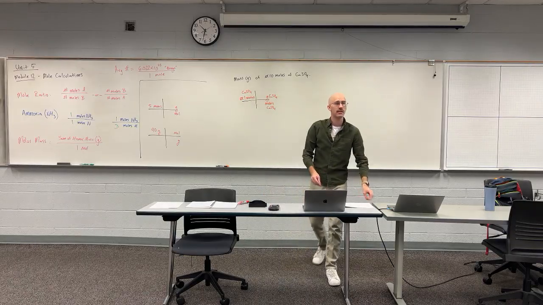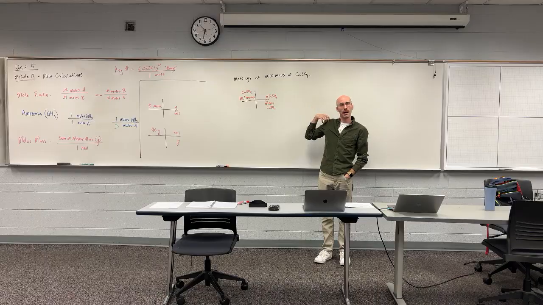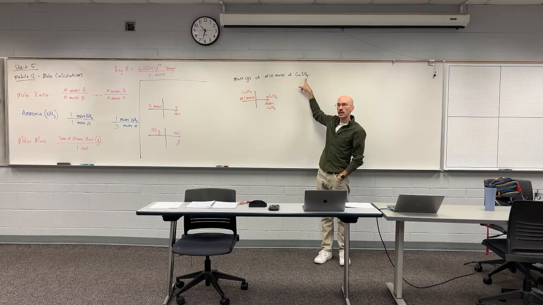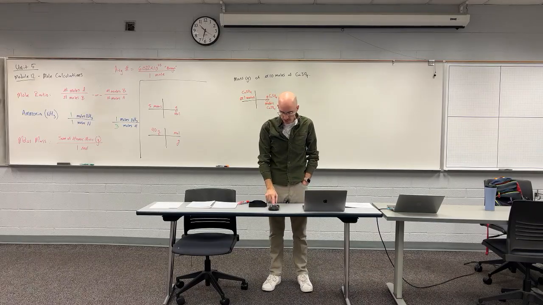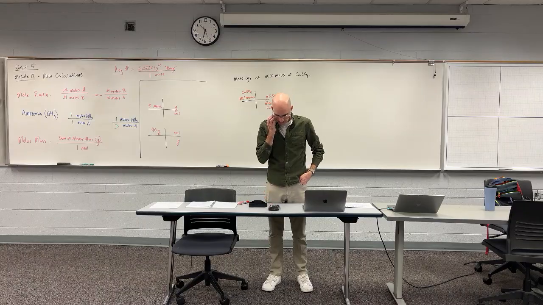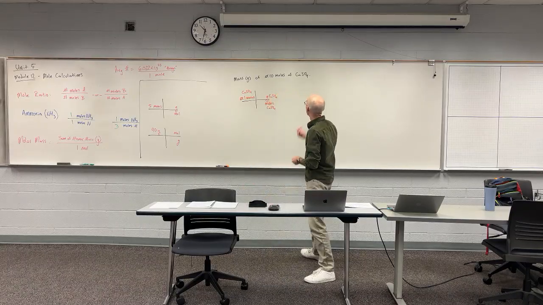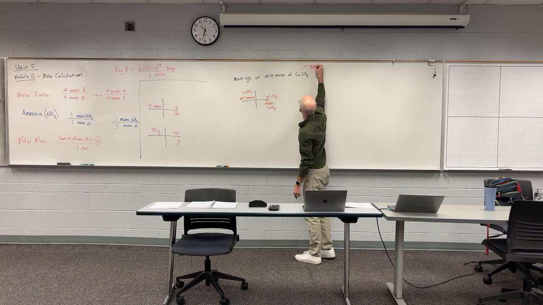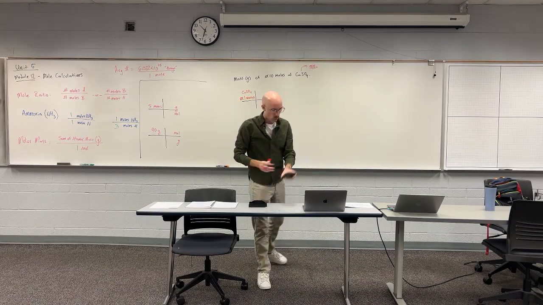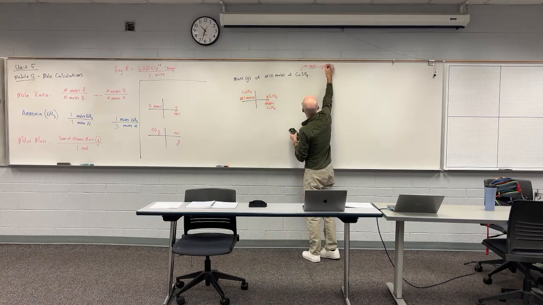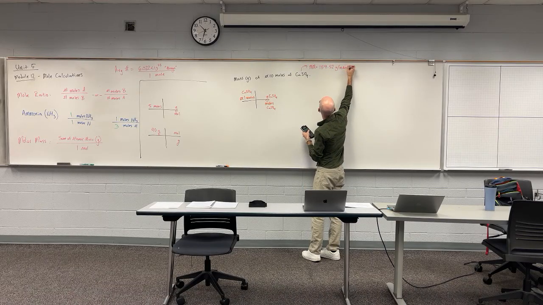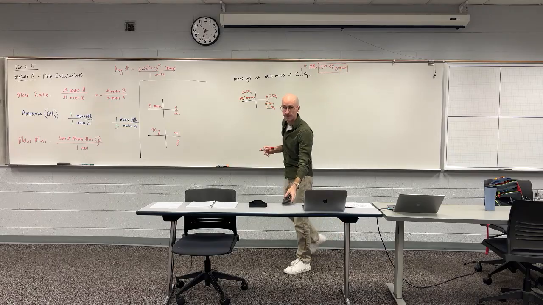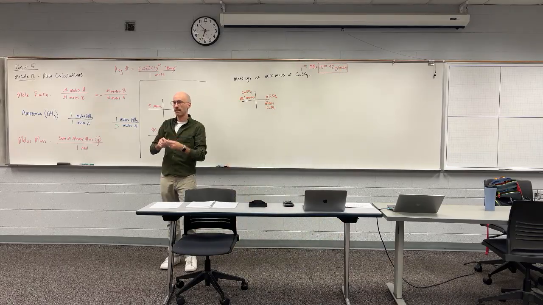Plus, here I'm going to use parentheses on my calculator because I've got 4 oxygens. So I want to add the mass of those 4 oxygens, but I want to multiply. Plus, parentheses, 4 times 16. And I get a mass here. Molar mass equals 159.52 grams per mole.